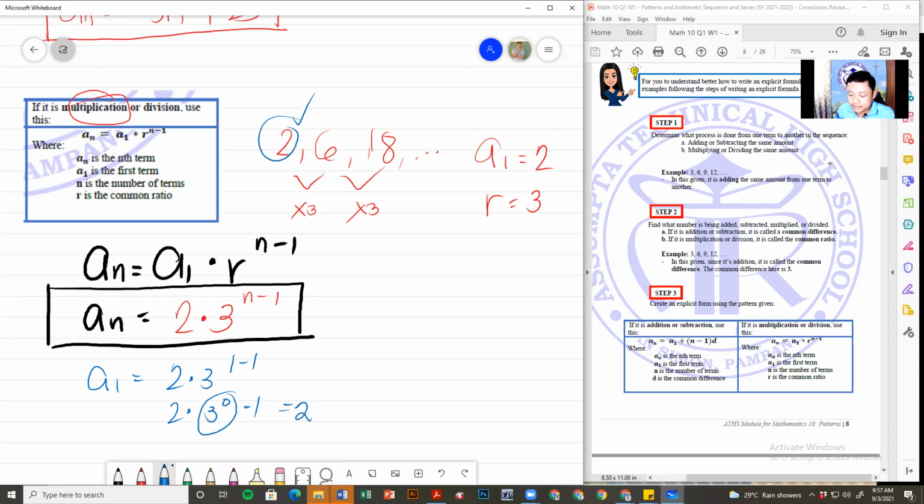Next, let's have the second term. a sub 2 is equal to 2 times 3 raised to 2 minus 1. That becomes 2 times 3 raised to 1. 3 raised to 1 is 3, times 2, that is 6. Okay, and when you continue, you will also get the number 18.